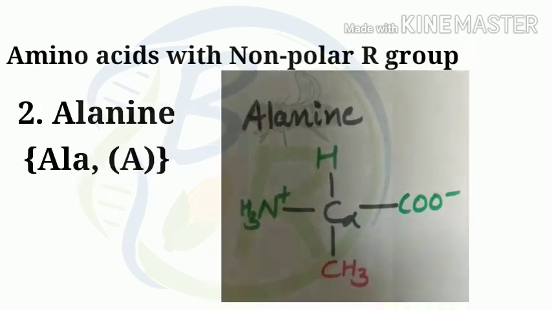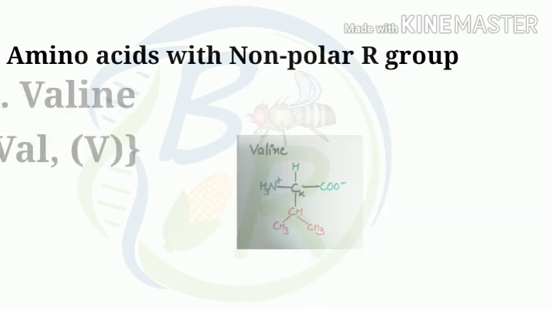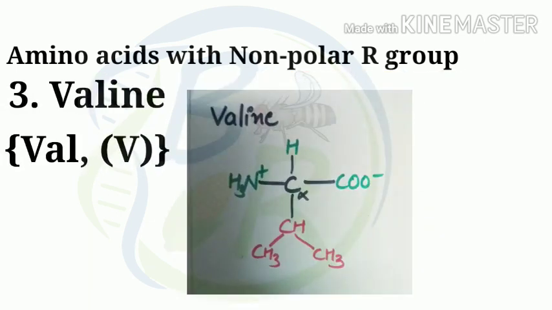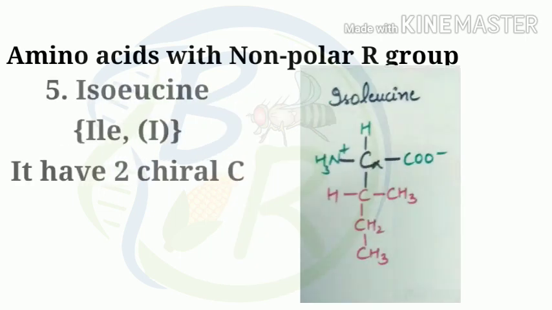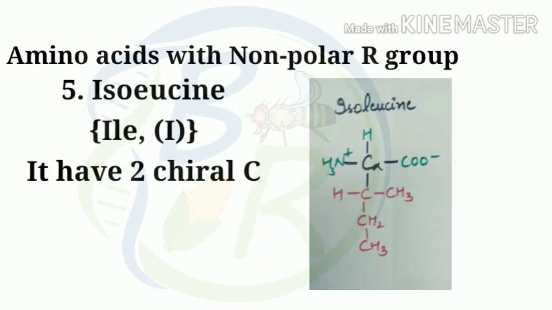The second non-polar amino acid is alanine with a methyl R group. Next is valine with an aliphatic chain having 3 carbons. Next is leucine, which has a 4 carbon R group, and the next amino acid is isoleucine, the isomeric form of leucine, known to have 2 different chiral carbons.